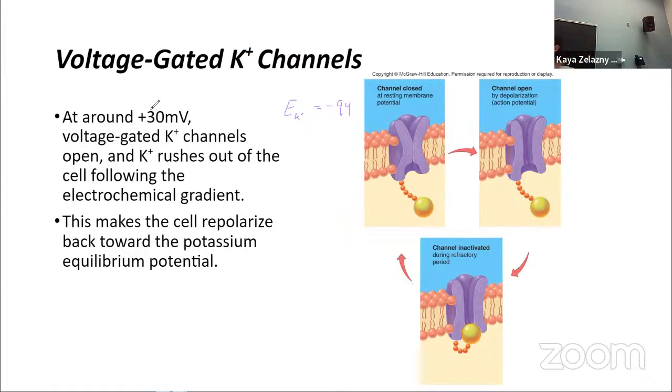So we really want to remove potassium at this point. It now really wants to move because of that change in the membrane potential, that change in the electricity. So potassium is going to rush out and it's going to repolarize back towards the potassium equilibrium potential. It's going to overshoot the resting membrane potential a little bit, and then we're going to kind of even out.